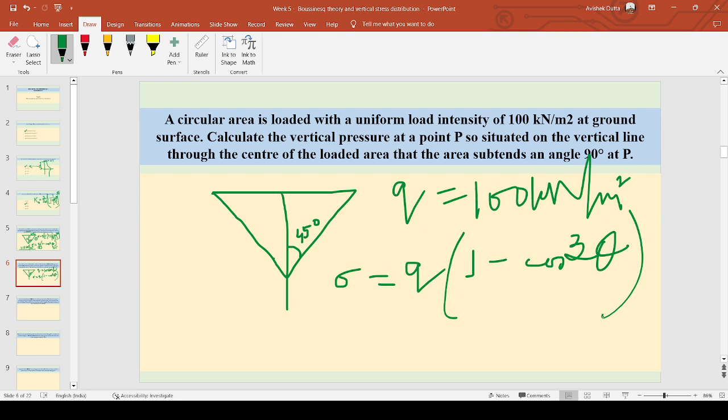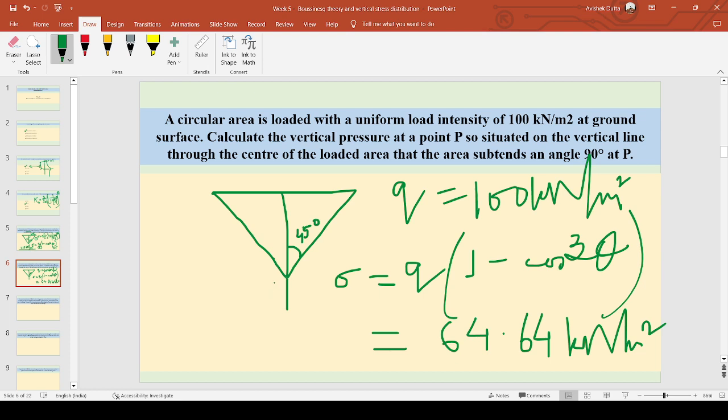Now theta is 45 degree and the value of q is 100. Putting this value, the answer we get is around 64.64 kilonewton per meter square.